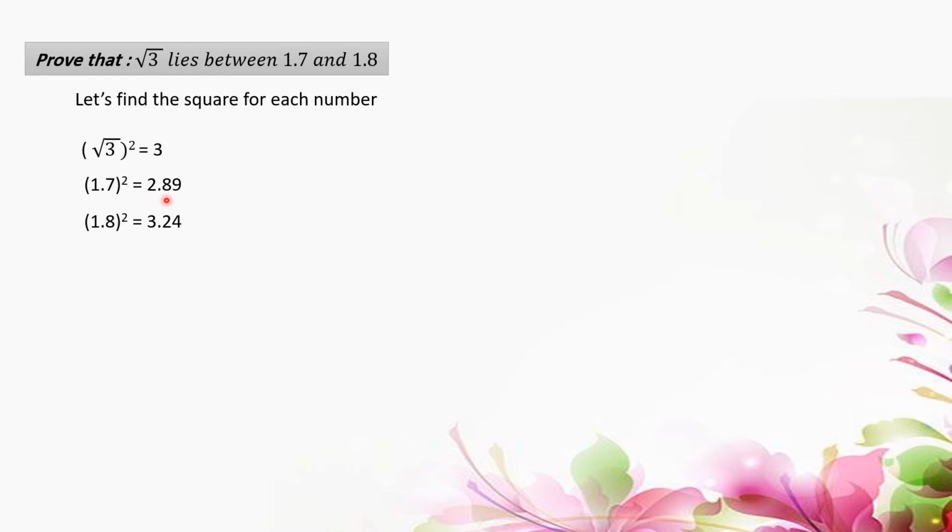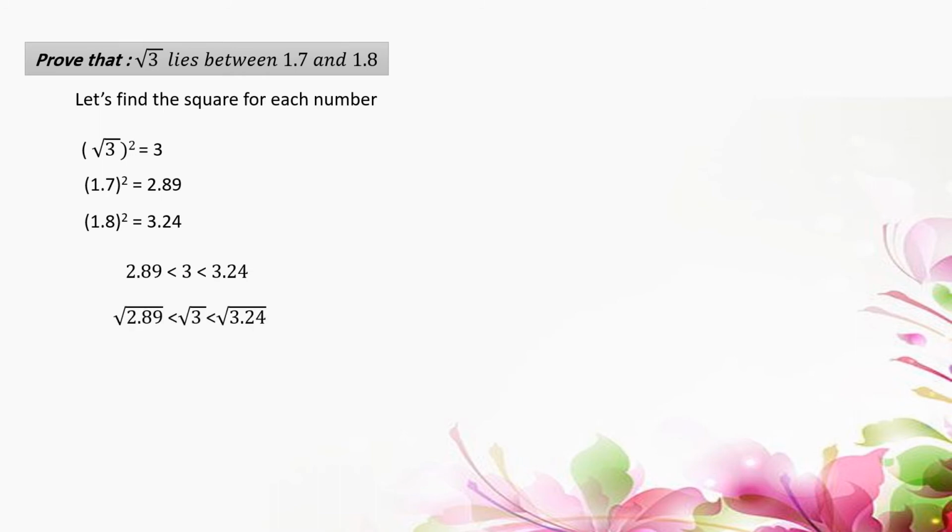Then you can see that 3 lies between 2.89 and 3.24. Let's write this. 3 lies between 2.89 and 3.24. But we want to prove that root 3, not 3, lies between them.